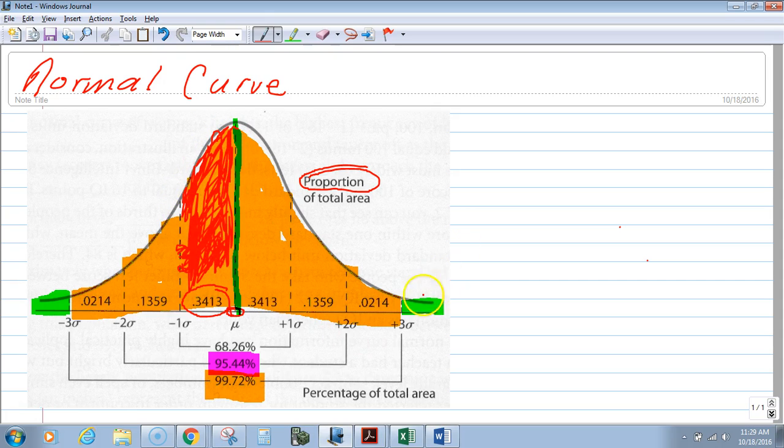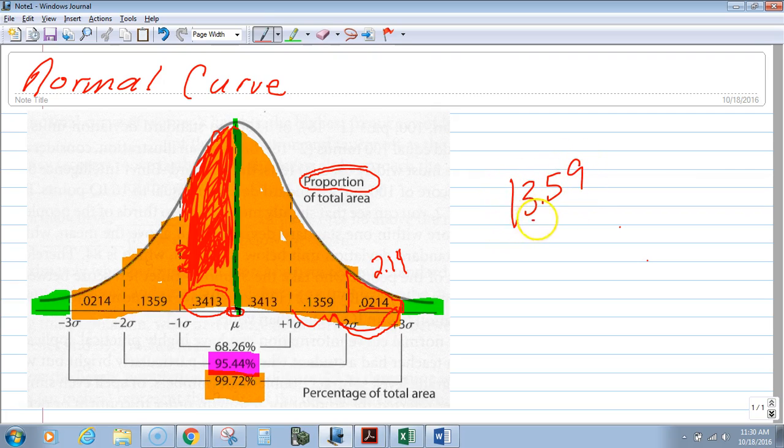We'll get a lot of questions like, what percent of people will fall between 2 and 3 standard deviations, and that's going to be 2.14%. What percent of people will fall between +1 and +3 standard deviations, and that's going to be 2.14 plus 13.59.